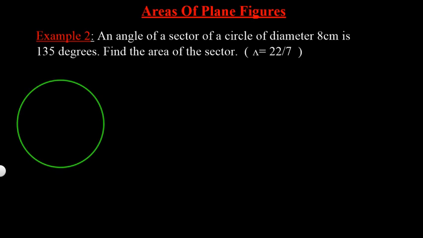If this is the diameter now, let's run the diameter. The diameter is a line that divides a circle into 2 equal parts. That means it must run through the center. So we have the diameter here. What is then asked? The diameter is 8 centimeter. That is, from here to here is 8 centimeter.